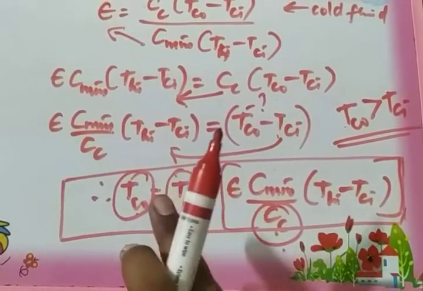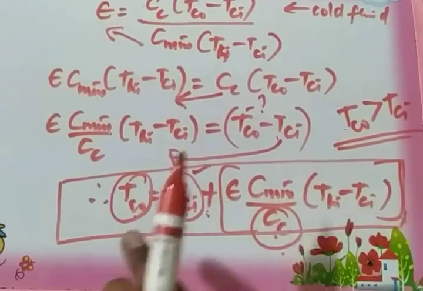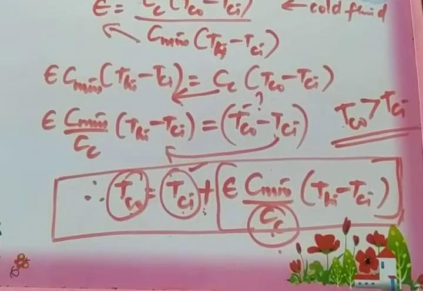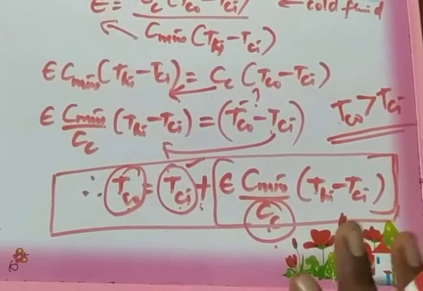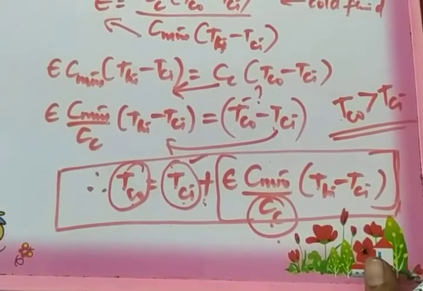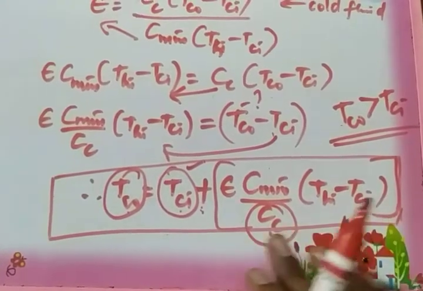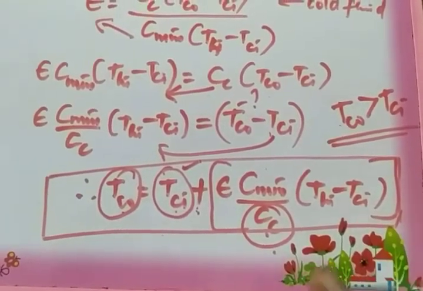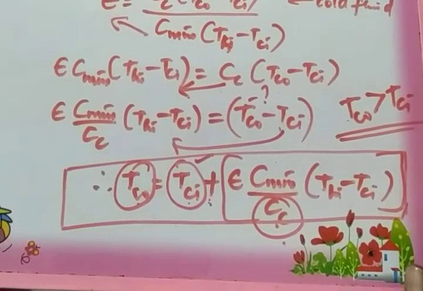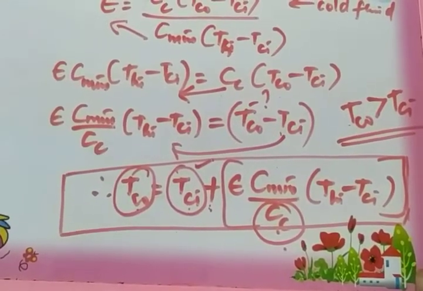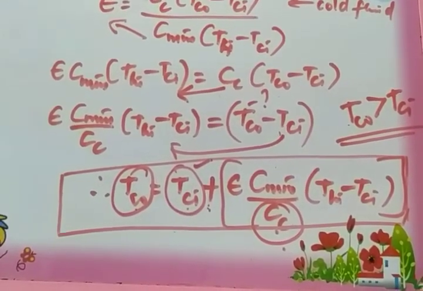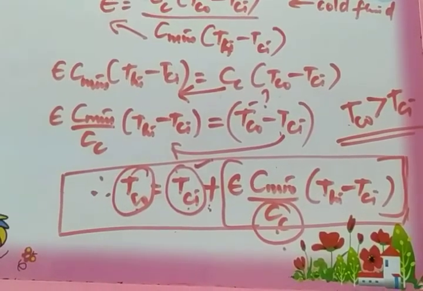And there THI minus this bracket, here it is TCI plus this bracket. They are the only changes you find in the expressions. So do remember these two expressions, which we are going to use when we start the discussion on the second method of analysis, called the NTU method. Okay, thank you.